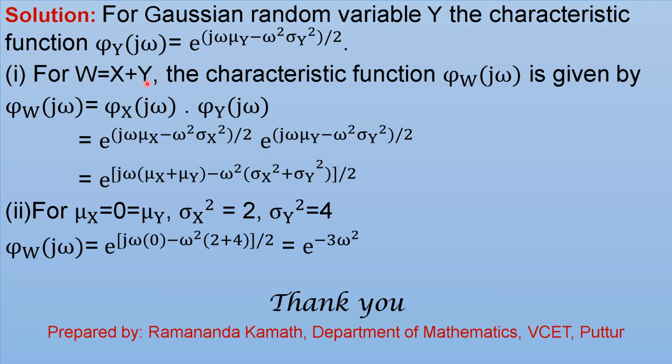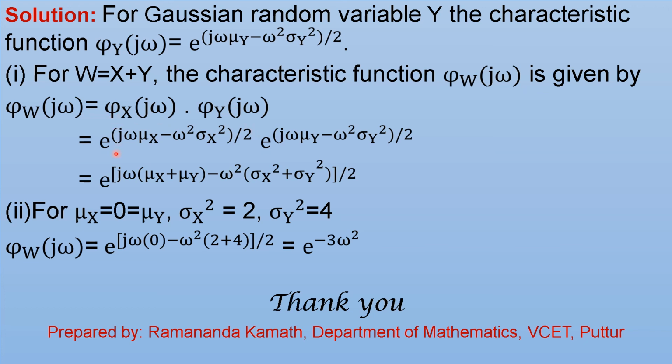When we consider the sum of two independent random variables, the characteristic function of the sum w, phi w of j omega, is the same as phi x of j omega into phi y of j omega. The characteristic function of the sum will be the product of the characteristic functions.